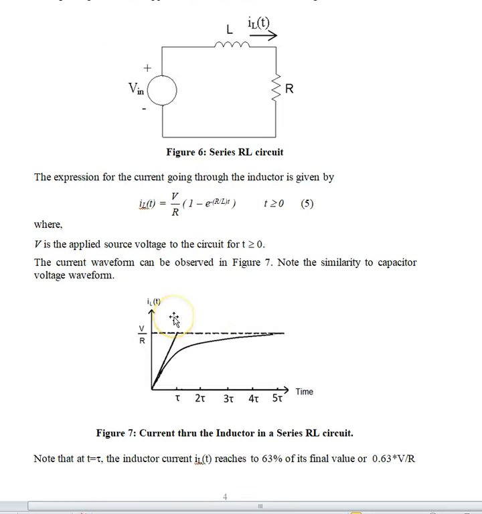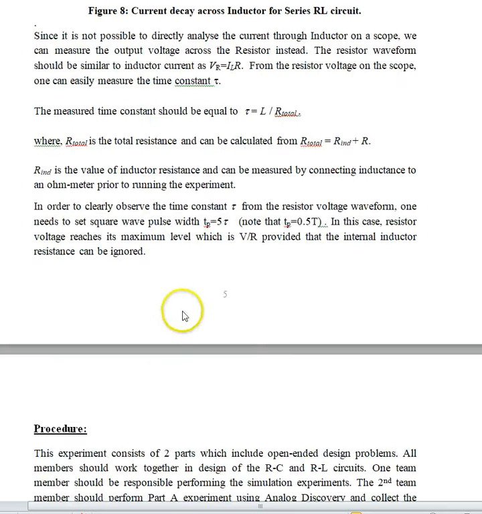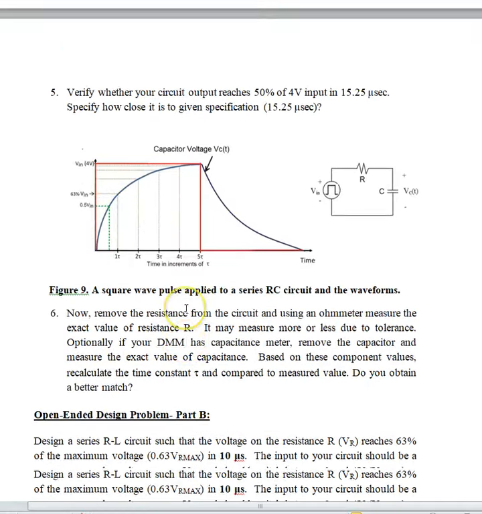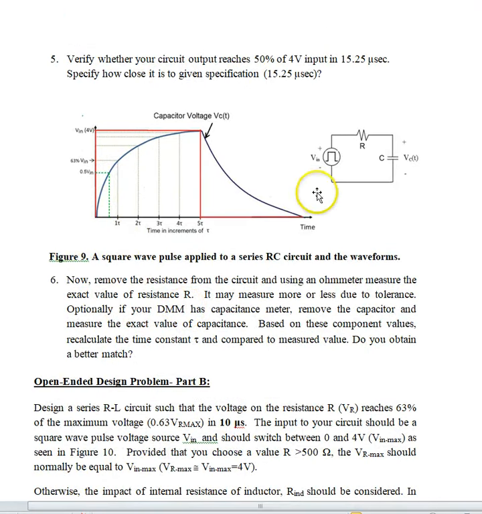Now in the experiments, we will be using square wave pulses. And in an RC circuit, you can see how slowly the capacitor voltage is charging towards the maximum input voltage.